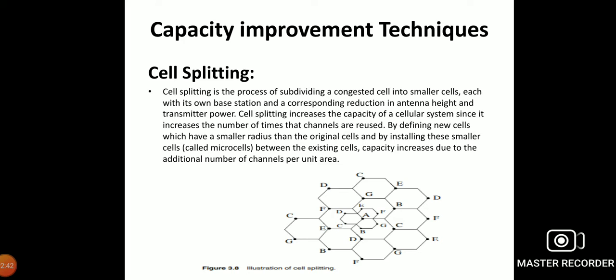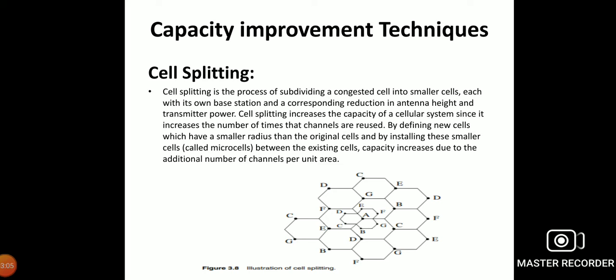In this cell splitting process, generally the larger cells are dedicated to high speed traffic. For that reason, the number of handoff problems will be less in the large cell, and the call progress will continue smoothly in the larger cells.